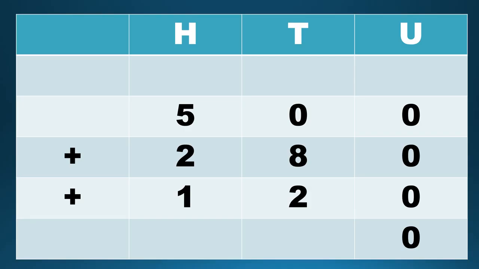Then we have 8 plus 2, the answer is correct, 10. Then we have the hundreds place, where we have carried over the 100s. We have 5 plus 2 plus 1 plus the carryover, and our answer is 9. So our total is 900.